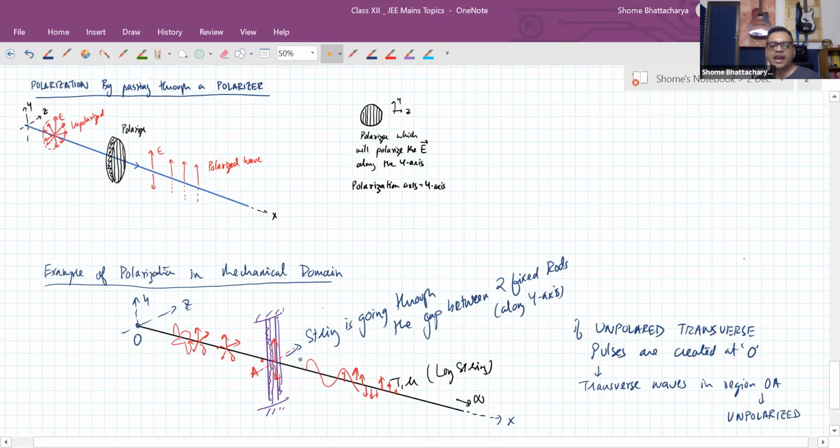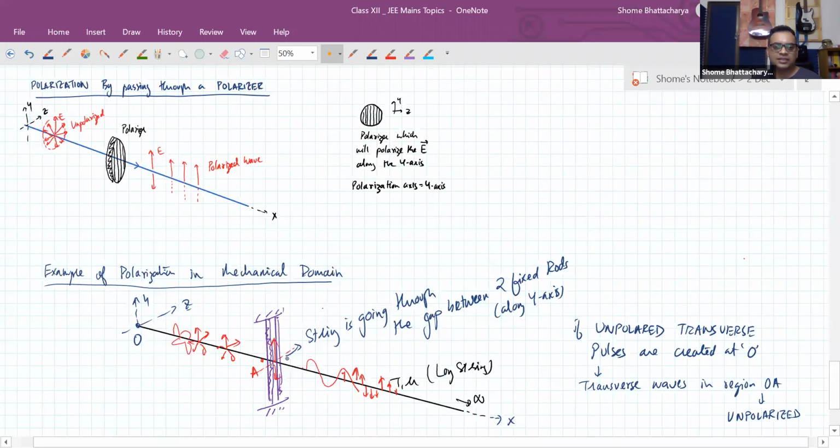But at A, because of the presence of the two rods, the displacement perpendicular to the y-axis is blocked. So the particles are forced to oscillate or displace only along the z-axis. Now those displacing particles only become the source for the points beyond the point A. So that is why beyond A on the string, the disturbance that propagates is going to be a polarized one, and it's going to be polarized along the y-axis.